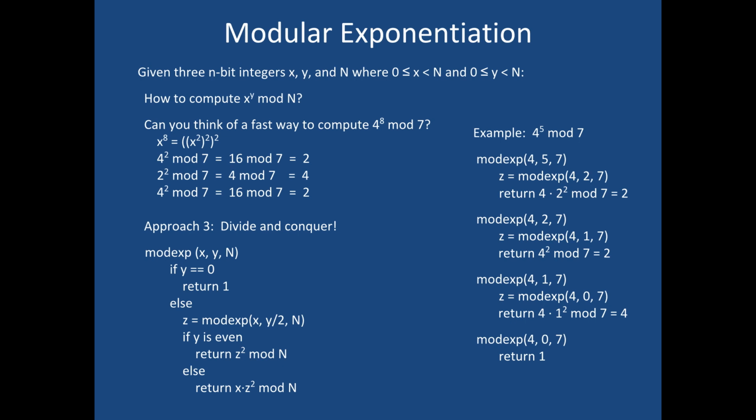We ended up doing 4 squared mod 7 twice. So you could imagine having a table that just stored, okay, if you're doing 4 to the 2nd power mod 7, here's the answer pre-computed. That would be dynamic programming. The table would just be too big. It's quicker just to compute it.